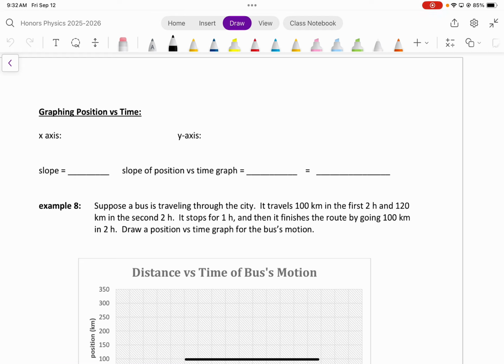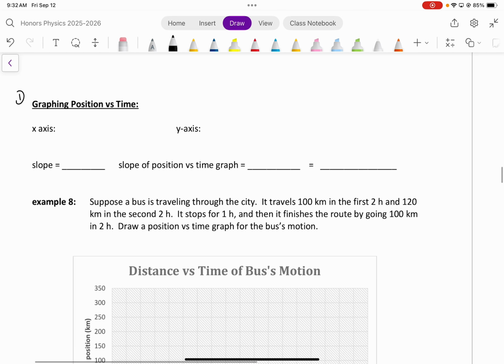All right, so the first kind of graph that we're going to look at is called a position versus time graph. And so on the x-axis, we are going to graph time, and our time will be in seconds. And on the y-axis, we are going to graph position in meters.